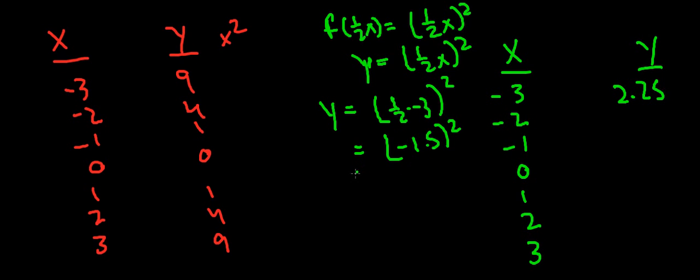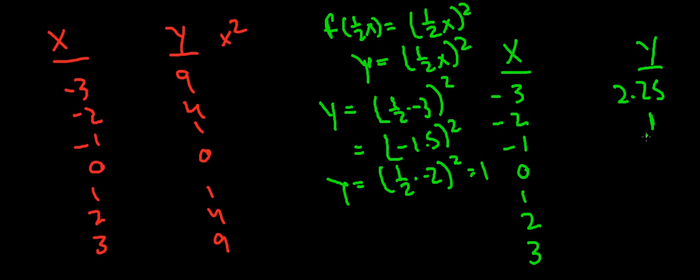If we put in 2, we have y is equal to 1/2 times -2 squared. You can square this beforehand, but you're going to get the same answer. I like multiplying them first and then squaring them. Here we have 1/2 times minus 2, which is minus 1. So we get minus 1 squared, which is 1.